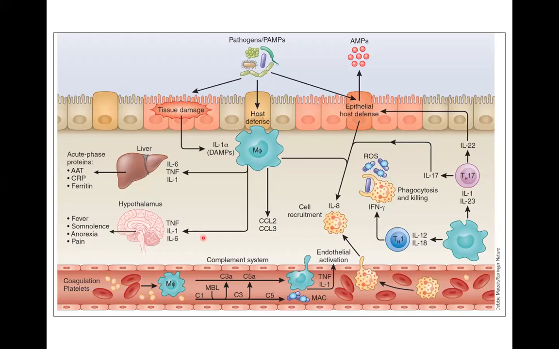Our complement system is also involved through the complement proteins. Remember, I think you've already covered the complement system, and we've seen some of the byproducts like C3a and C5a that are anaphylatoxins or are involved in the inflammatory response. So they also cause some of these changes in the vasculature and recruitment of white blood cells from the vasculature into the site of damage or the site of infection.